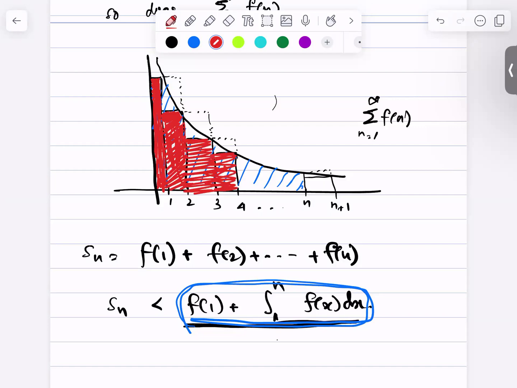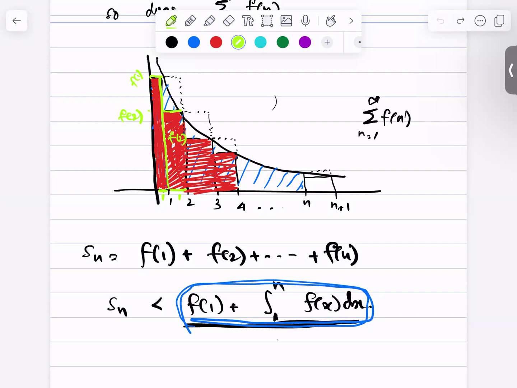Why? Because I know that the first rectangle has area f1. Because again, I can give justification to that. If I consider the first rectangle, the height is f1 and the width is 1. So therefore, the first rectangle has area f1. If this height is f2 and this width is again 1, then the area of this second rectangle is f2 and so on.